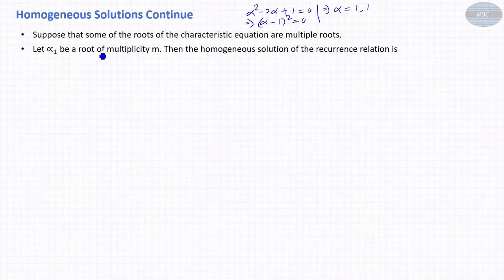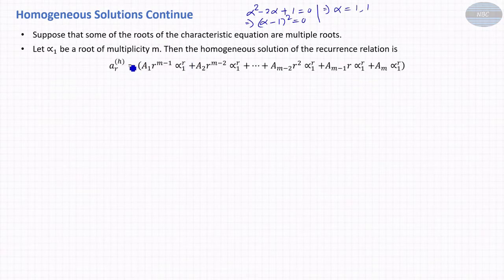So let alpha 1 be a root of multiplicity m. Like here, alpha is a root of multiplicity 2. Then the homogeneous solution of the recurrence relation is a_r^(h) is equal to A1 r to the power m minus 1 alpha 1 to the power r plus and so on up to Am alpha 1 to the power r.